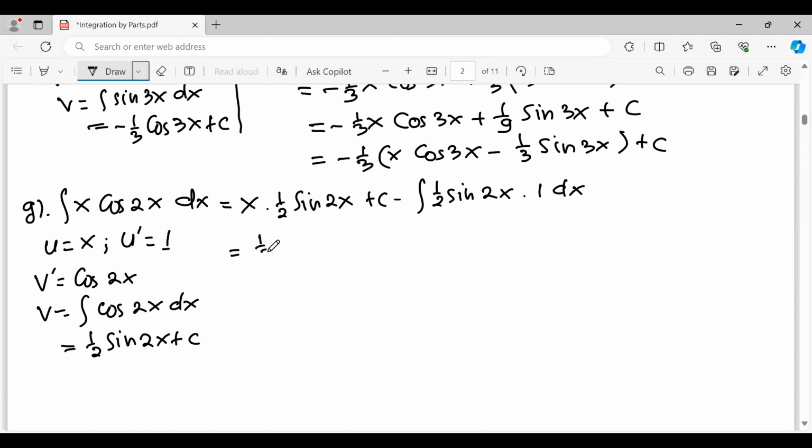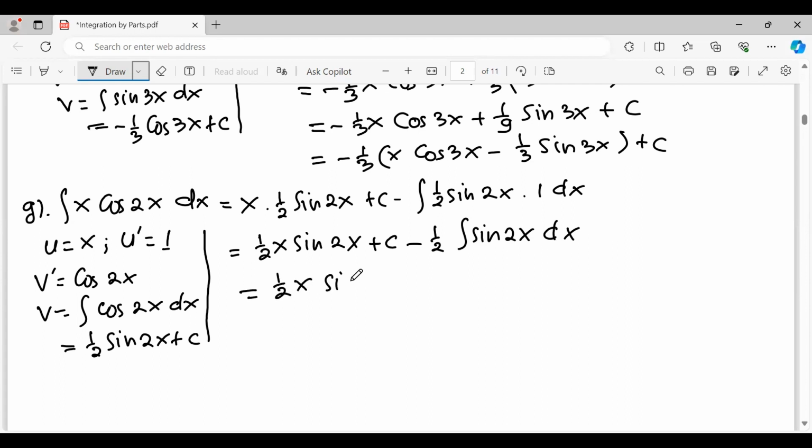Half x sine 2x plus c minus half integral sine 2x dx will be half x sine 2x plus c minus half times minus half cosine 2x.